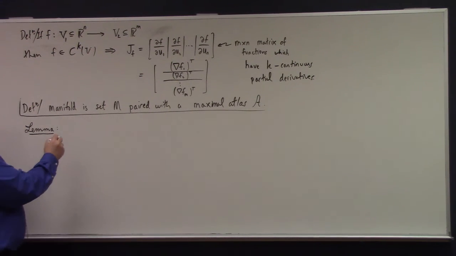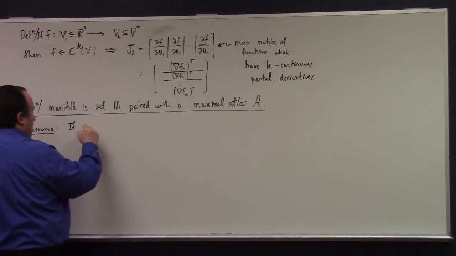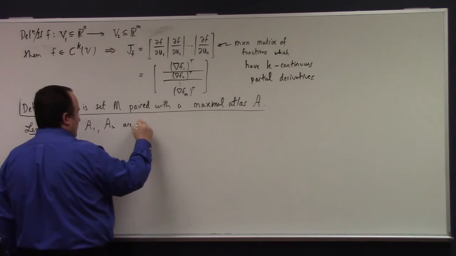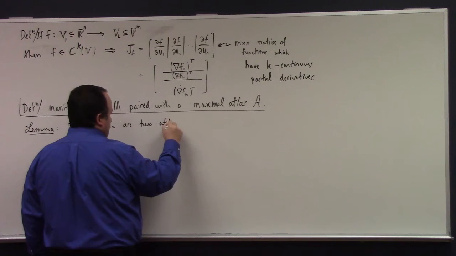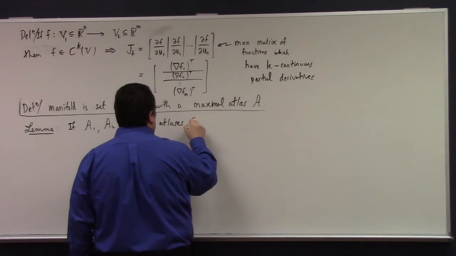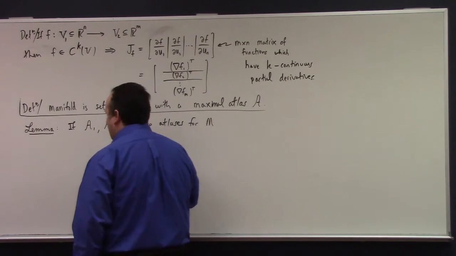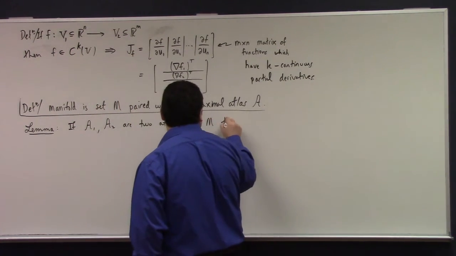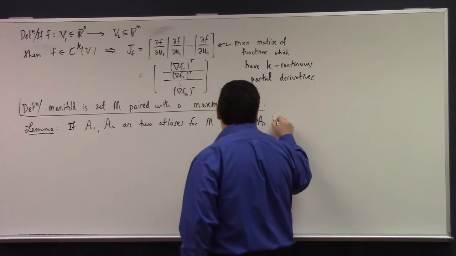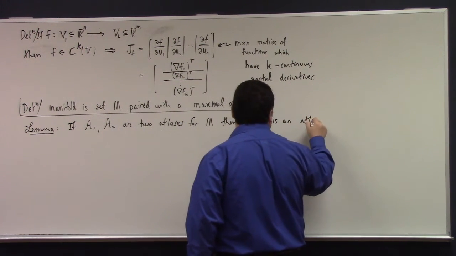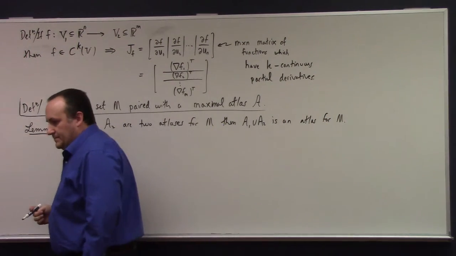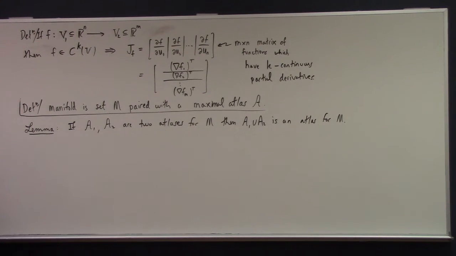If A1 and A2 are two atlases for M, then the union is an atlas for M. And what do I mean by union?